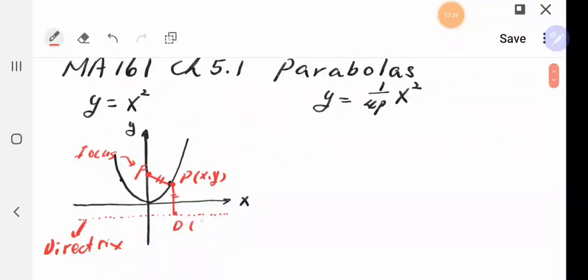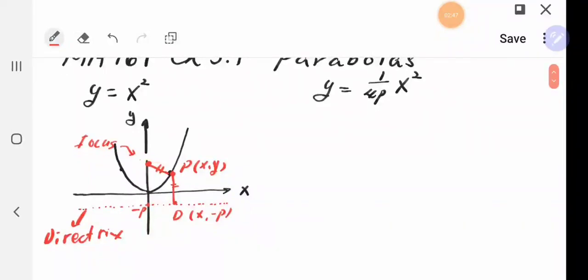Then if this is x, then y is, let's use a small p. Let's use a negative p. This point is negative p. This is the large point, this is the small letter p.